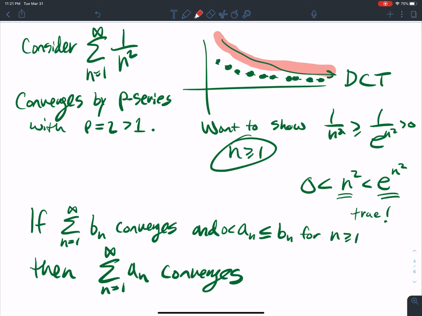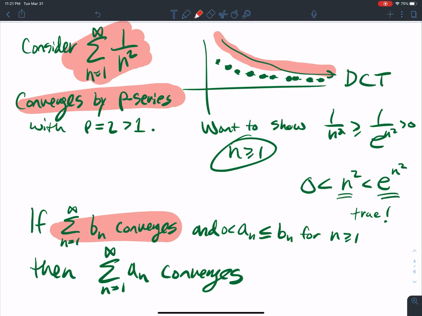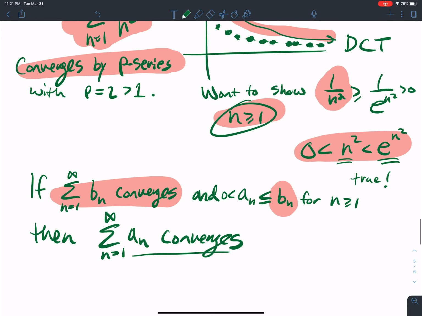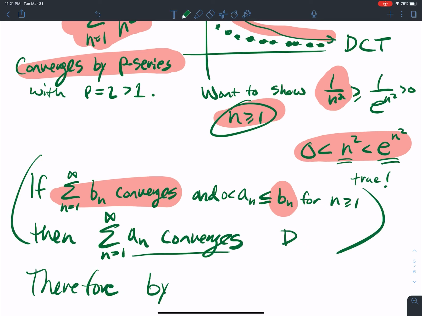I know that b_n converges by the p-series, and then I just showed that my b_n is greater than my a_n for all n greater than or equal to 1. So therefore, you don't have to write this down. This is just the direct comparison test as a reminder for you.